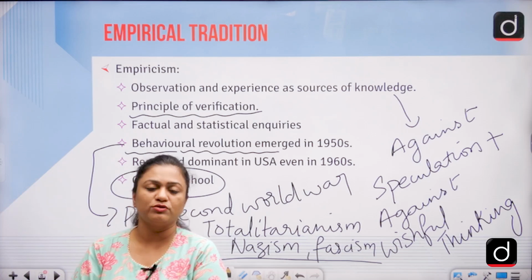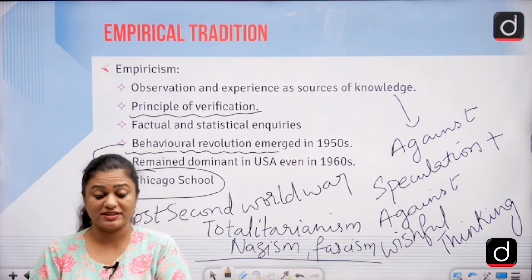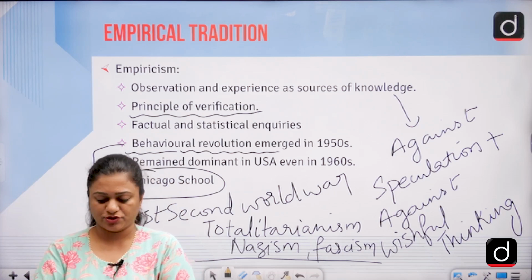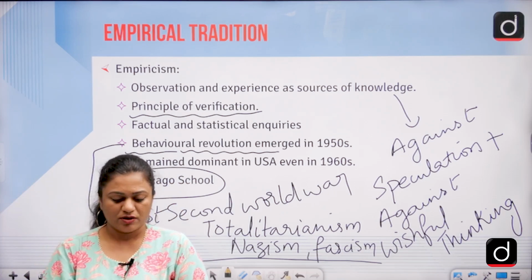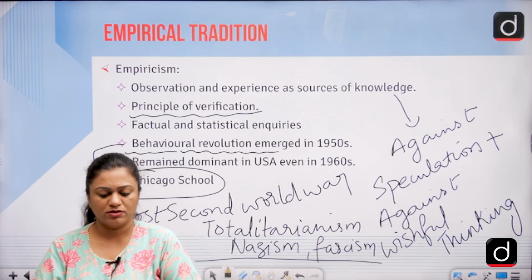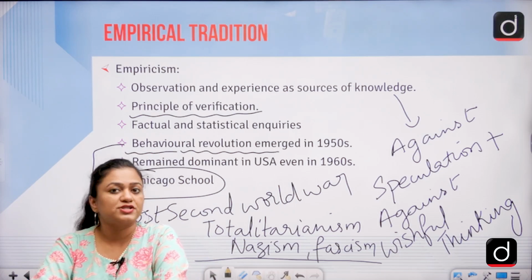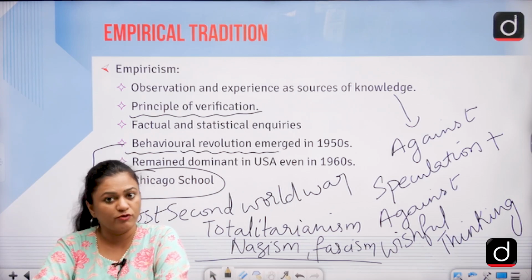So the Chicago School is associated with one personality called Charles Merriam, who is considered to be the pioneer of this school. Okay, and he is also known as the founder of the Chicago School, which made a substantial contribution to the behavioral movement.